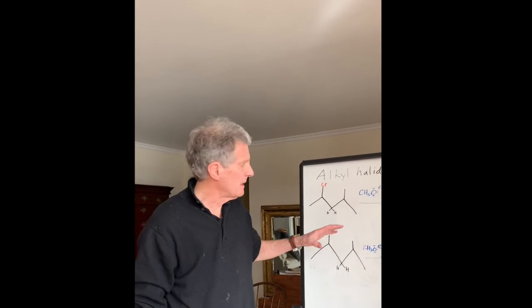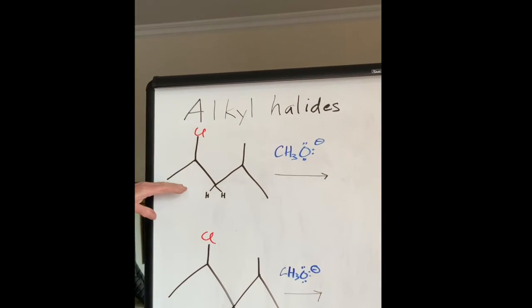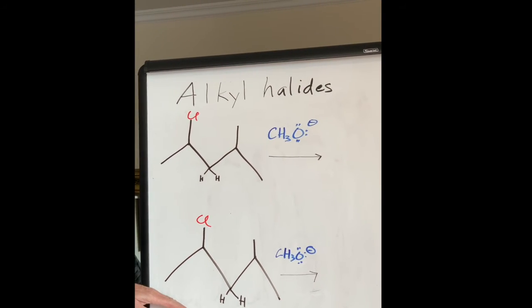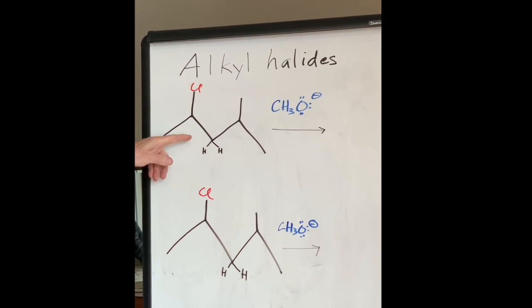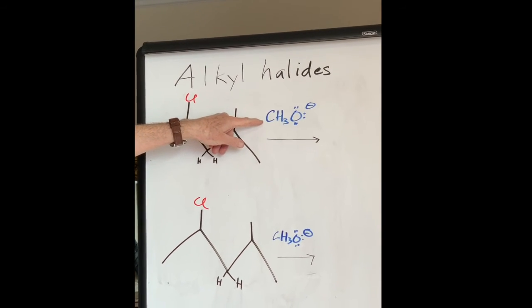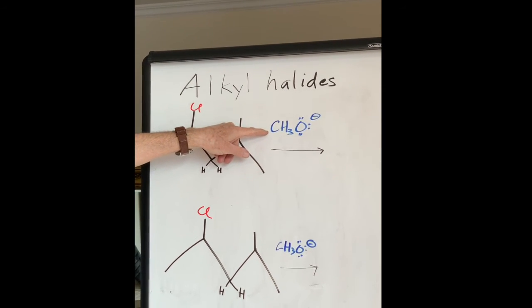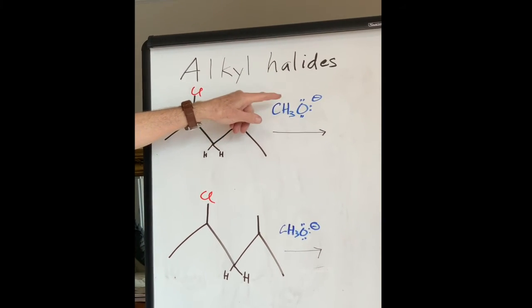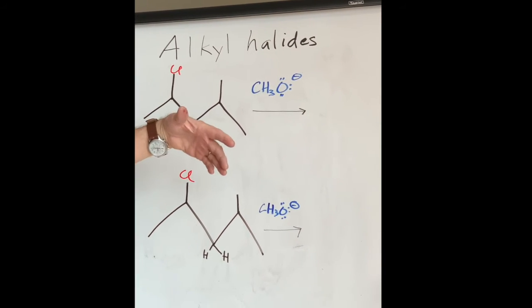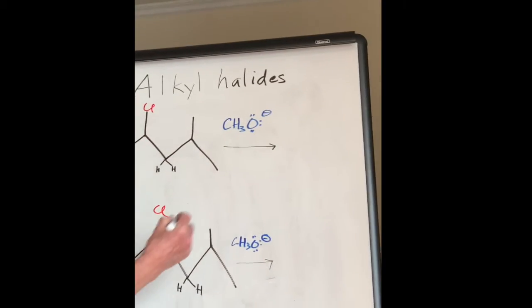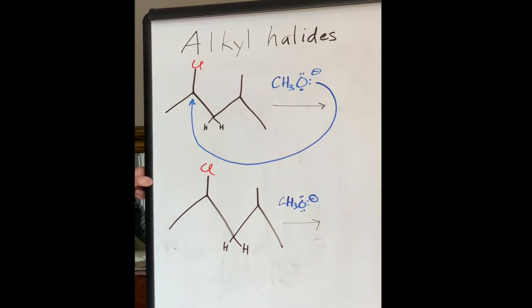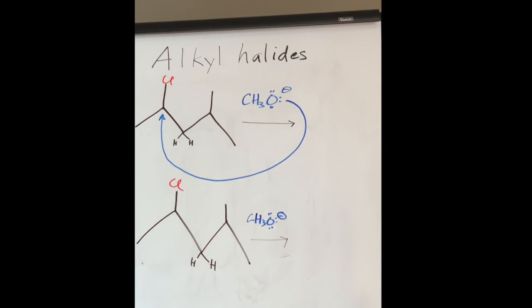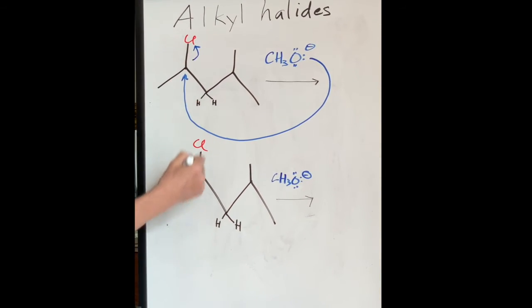Again, one more time in contrast. When we have an alkyl halide, now I've written the same alkyl halide twice. It's 4-methyl-2-chloropentane. In this case, I'm going to demonstrate what happens if methoxide, which has a pair of electrons available for forming a bond to a carbon, acts as a nucleophile. If it acts as a nucleophile, it takes that pair of electrons and identifies a halogenated carbon, a carbon that has a good leaving group, and kicks that halogen away.